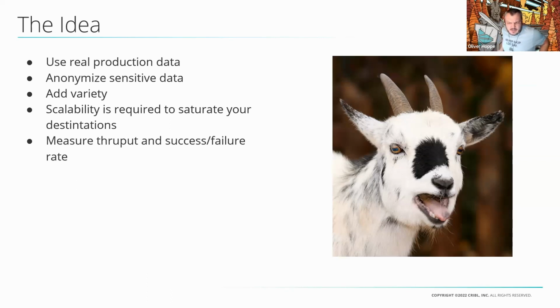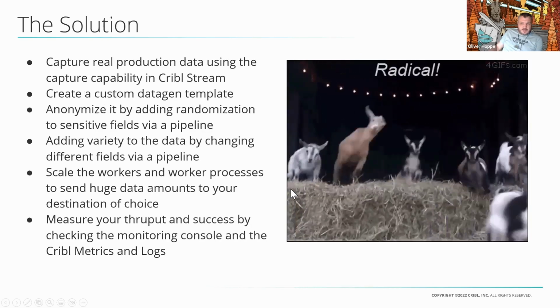And we need to measure it somehow. That connects a bit to the talk I did for the UG last time about monitoring, right? So Cribl internal sources, logs, and metrics are quite useful to see throughput and error messages coming back from your destinations. And we'll take a look at that at a later point.